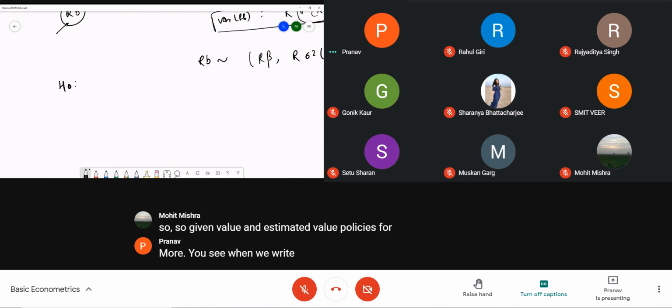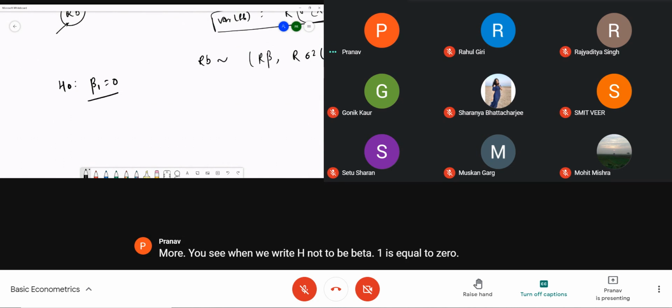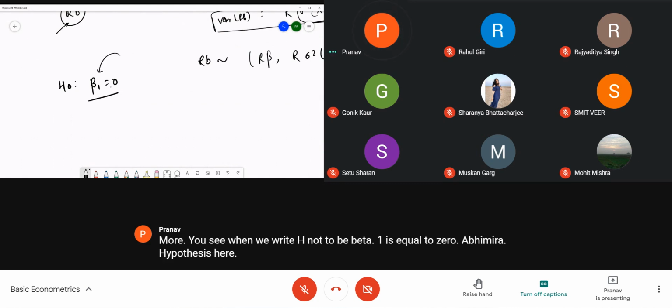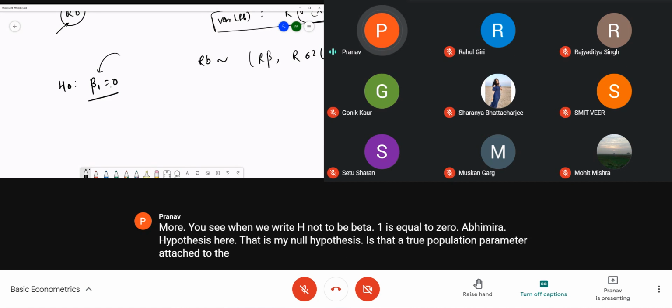H naught to be beta 1 is equal to 0, now this is my hypothesis, that is my null hypothesis is that the true population parameter attached to the explanatory variable 1 is 0.